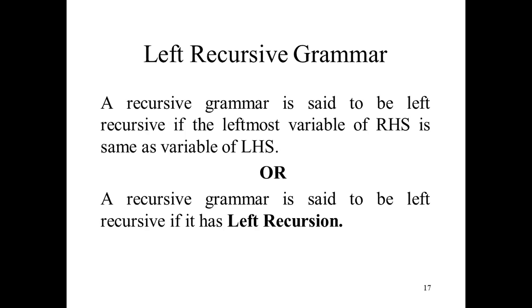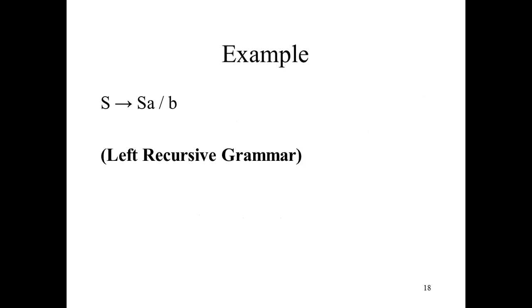So a recursive grammar is said to be left recursive if it has left recursion, meaning there is a repetition on the left side. We keep breaking again and again on the left hand side, then it is called the left recursive grammar. Now we can see one example. We have S, and we can write S = Sa or b.